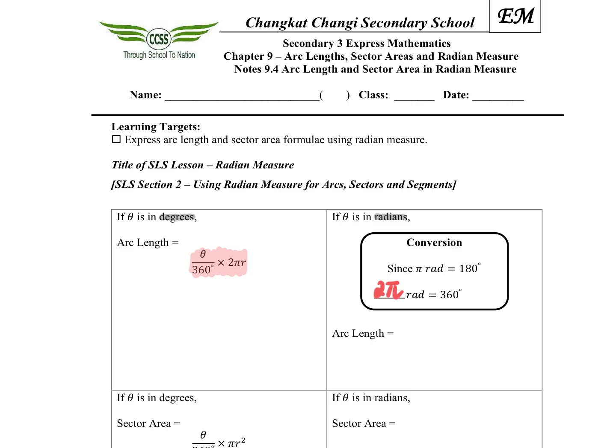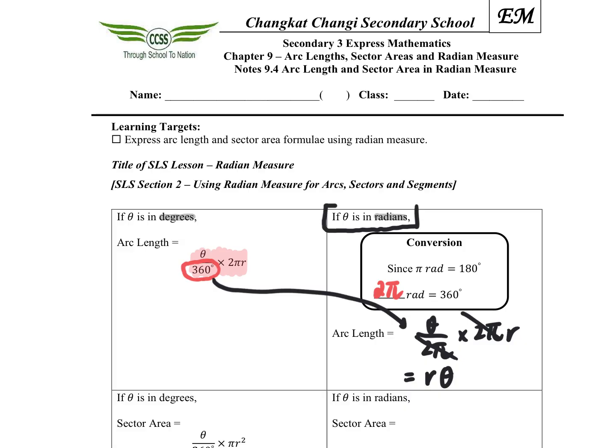So, if we want to change this formula to get rid of the degree, we will replace this with theta over 2 pi times 2 pi r. So yesterday I already showed you all this. Arc length formula is r times theta, only if your theta is in radians. This is the new formula, but this is given on the first page.